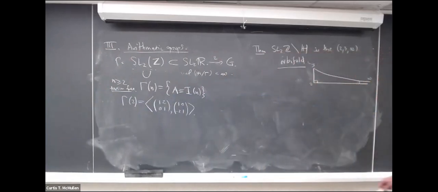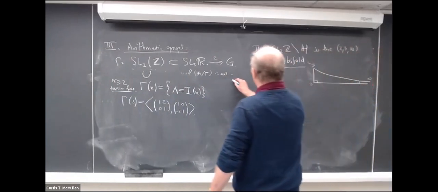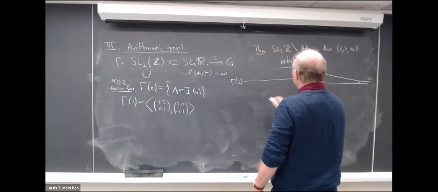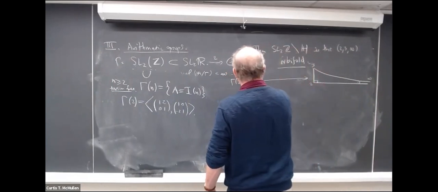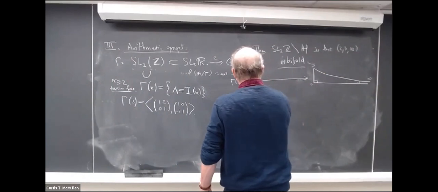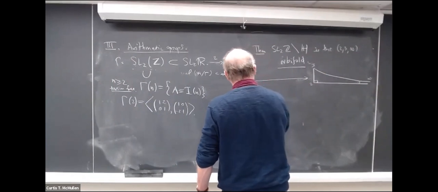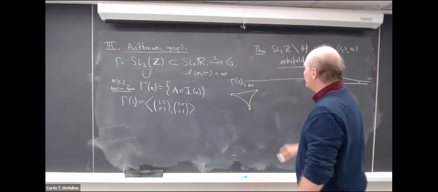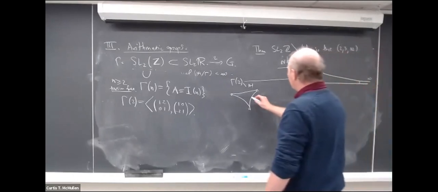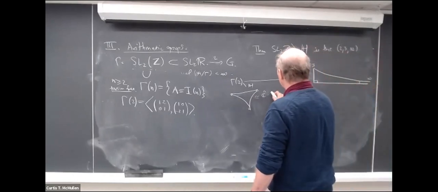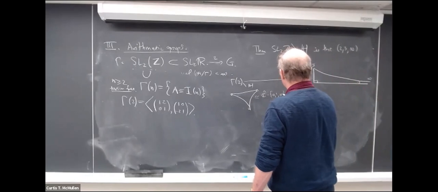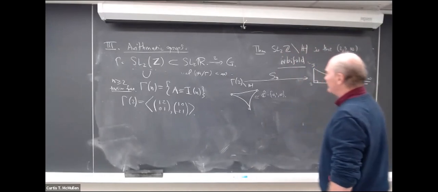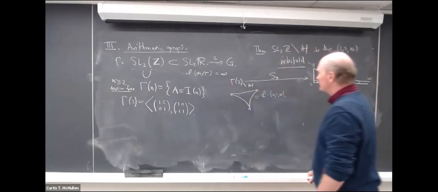So they give finite covers of this orbifold, which are honest manifolds. So let me just give you an idea of what some of those covers look like. So for example, gamma 2 maps here, and the quotient of H mod gamma 2 is nothing more than the triply punctured sphere. In other words, it's the double of a single ideal triangle. As a Riemann surface, it's isomorphic to the Riemann sphere minus 0, 1, and infinity. And the group of deck transformations is the symmetric group on 3 letters, which acts by permuting these punctures.